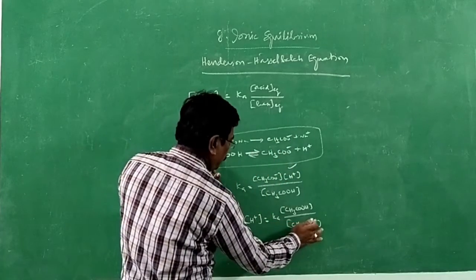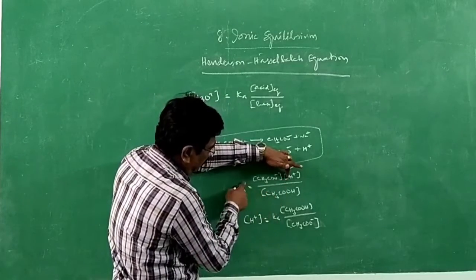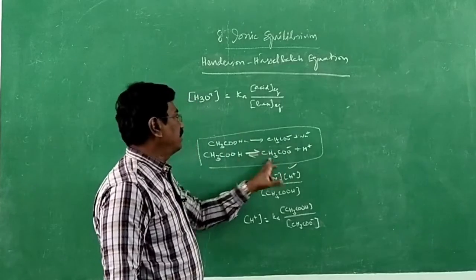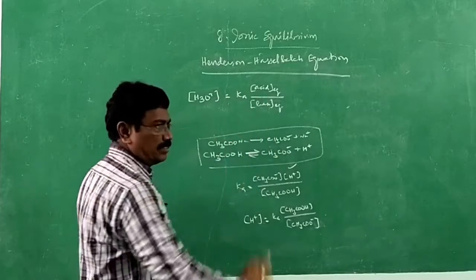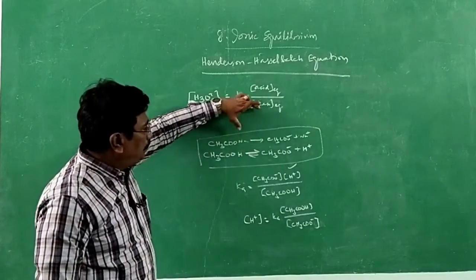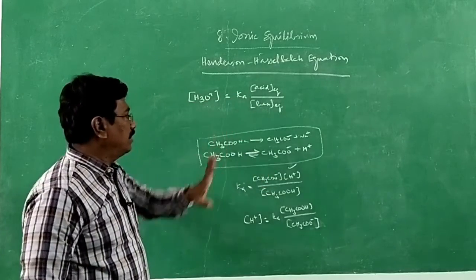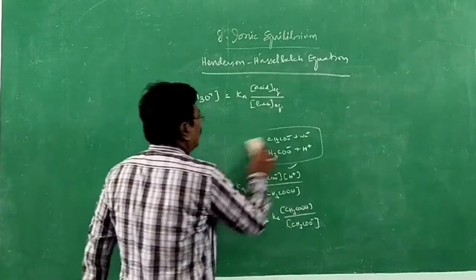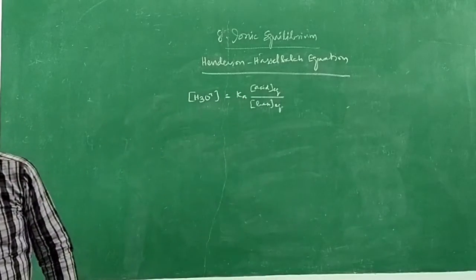Acetate ion is nothing but the conjugate base of the acid, therefore base, at equilibrium. So, acid represents acetic acid, base represents the conjugate base, acetate ion. So, we are getting the expression like this: hydronium ion concentration is equal to Ka into equilibrium concentration of acid divided by equilibrium concentration of base.